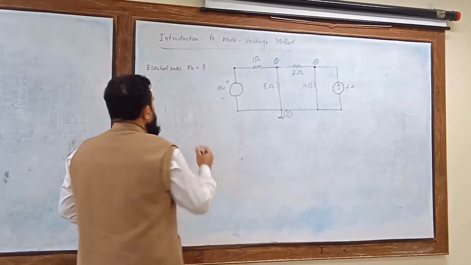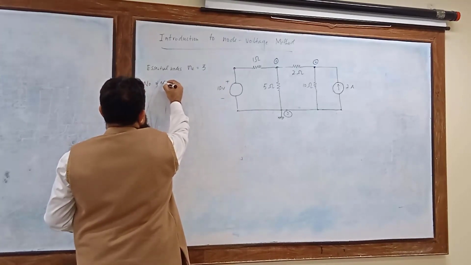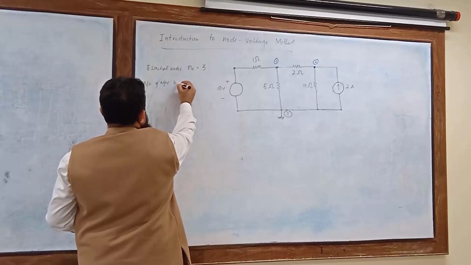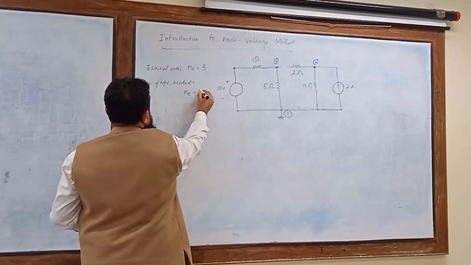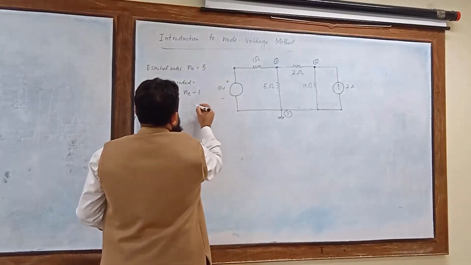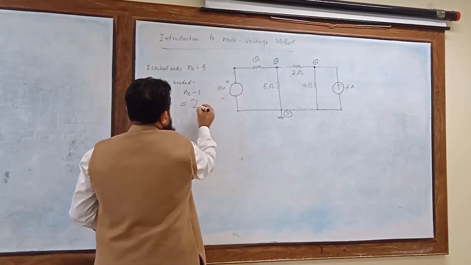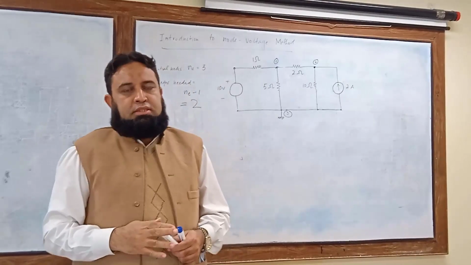This can be determined by this expression: number of equations needed is NE minus 1. So here 3 essential nodes means that the number of equations is 2. So 2 equations are needed in order to solve this circuit.